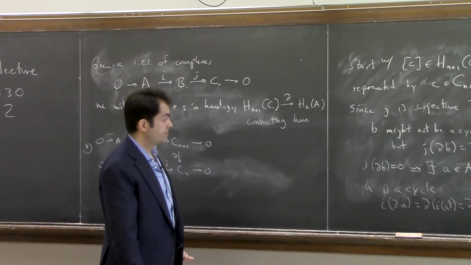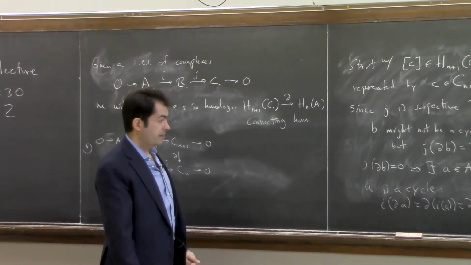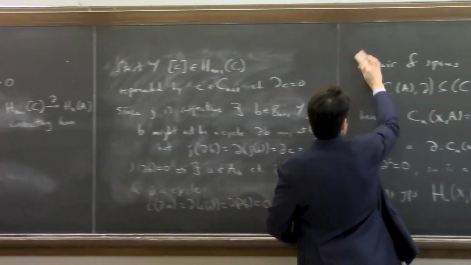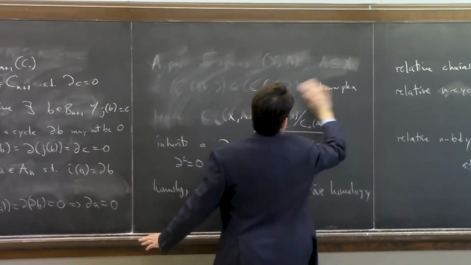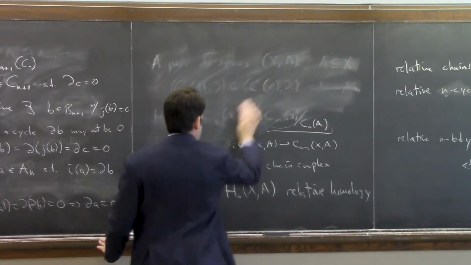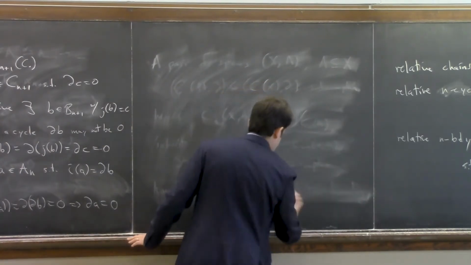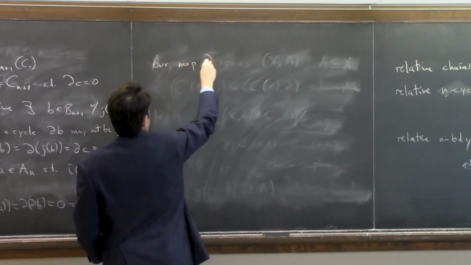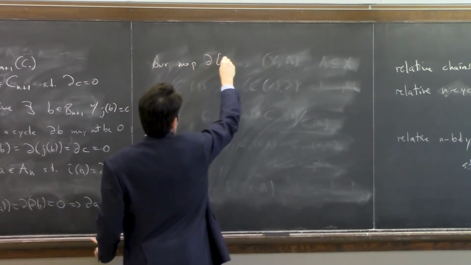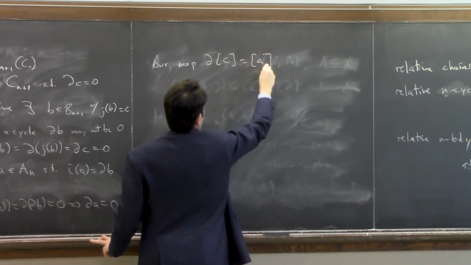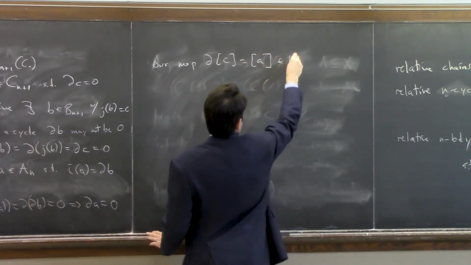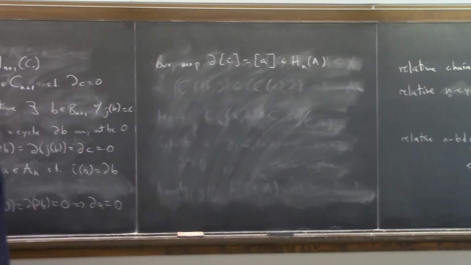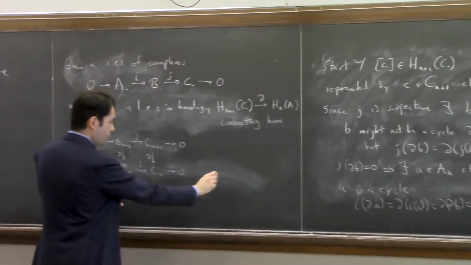Okay. Wonderful. And since A is a cycle, it defines a homology class. So our map delta of C is equal to A. Okay, so let's write down what we did here.